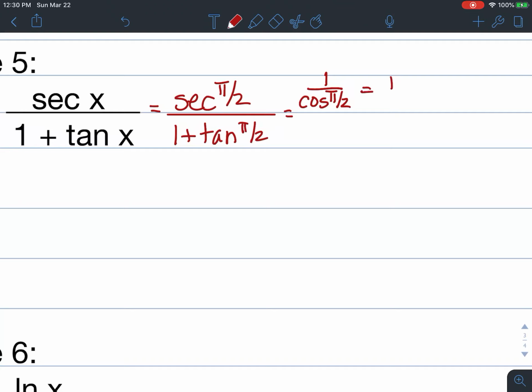And cosine of pi over 2 is 0. So that's going to be a problem right off the bat. 1 for the bottom here, 1 plus the tangent of pi over 2, that's undefined. So this is immediately a problem.